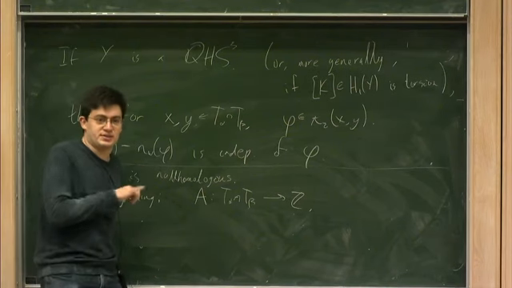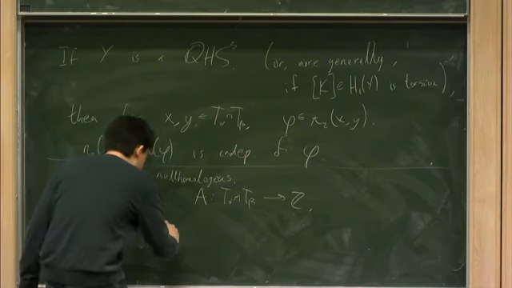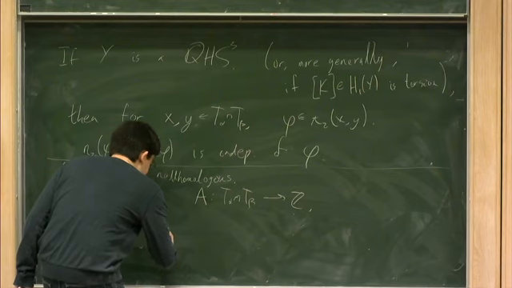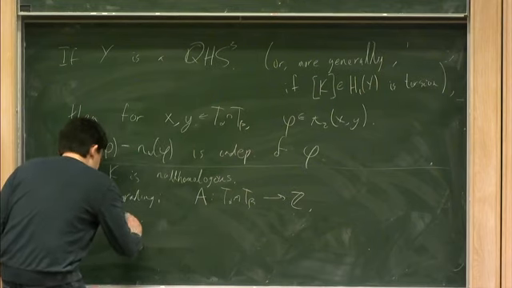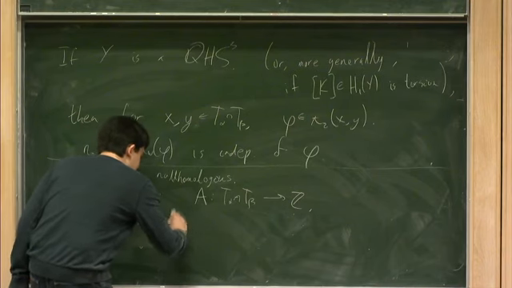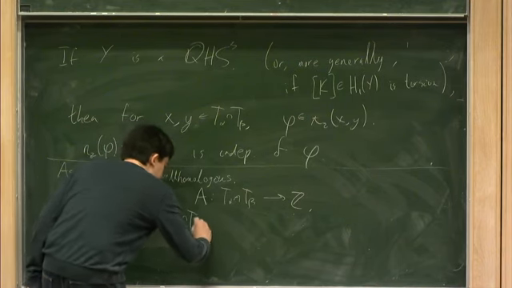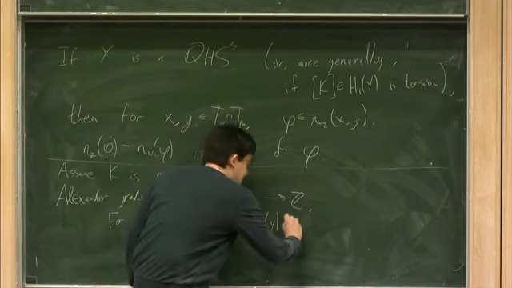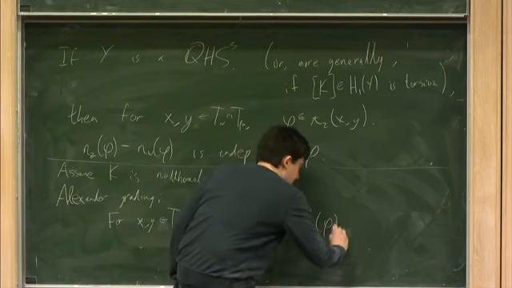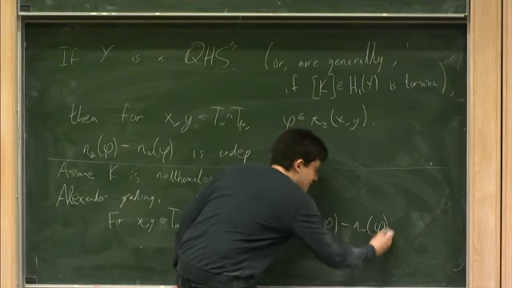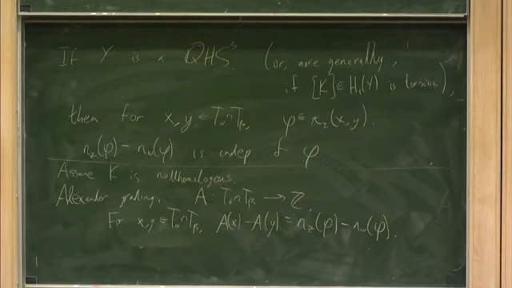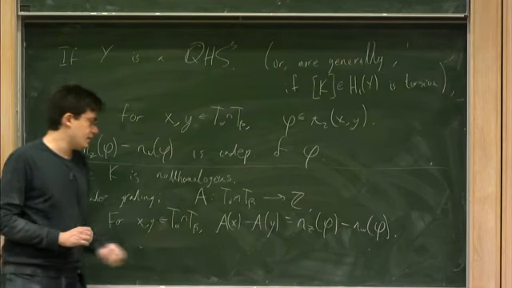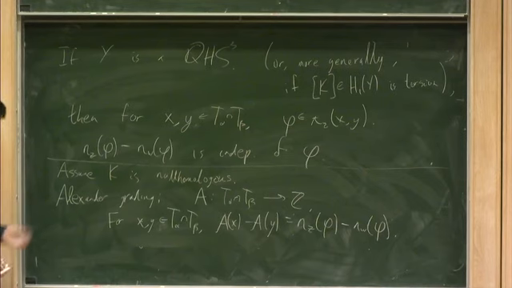Up to an overall shift, this function is characterized by: for x and y in this set, A of x minus A of y is equal to nz of phi minus nw of phi. Okay? So that's going to be what we call this Alexander grading.